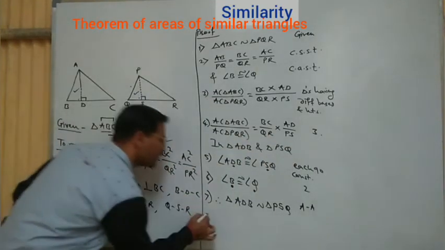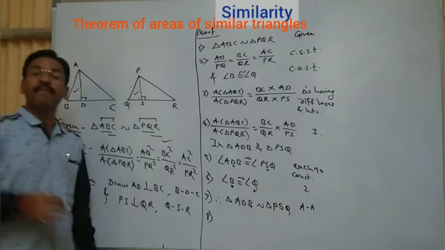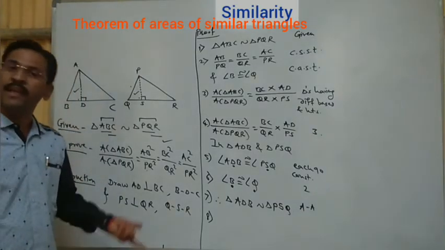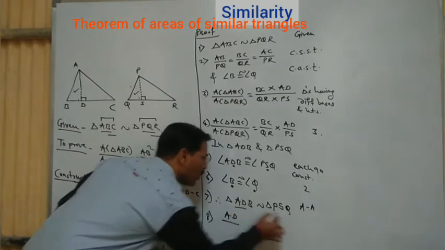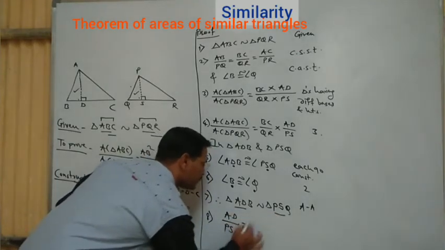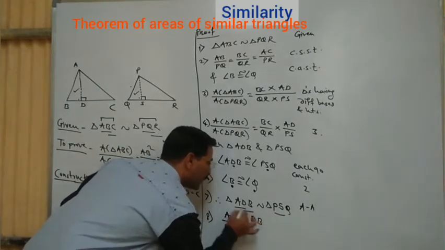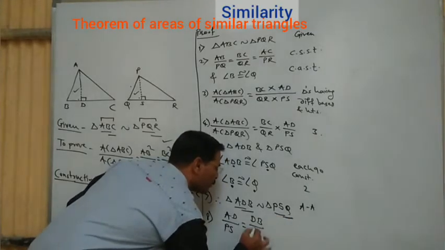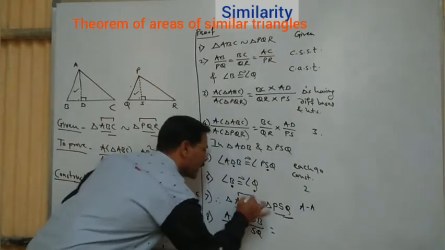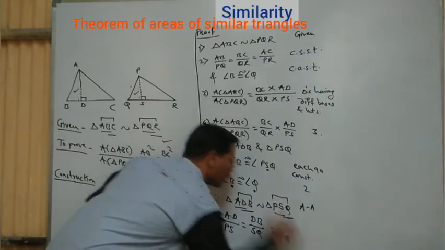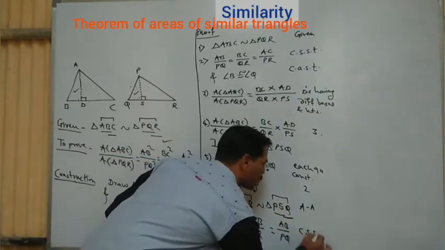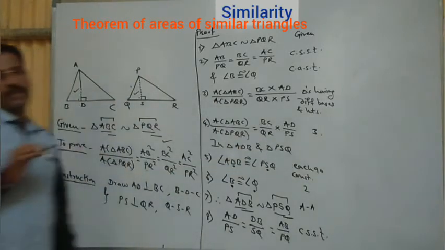Look here, once the two triangles are similar, we can write their corresponding sides in proportion. AD upon PS, DB upon SQ, and the last AB upon PQ. These are again corresponding sides of similar triangles.